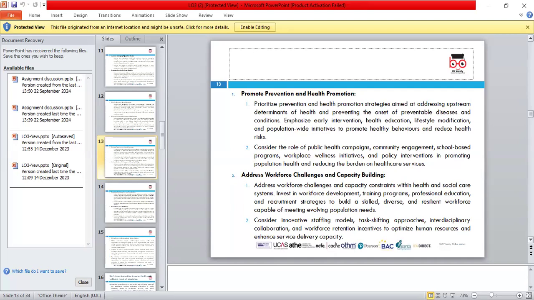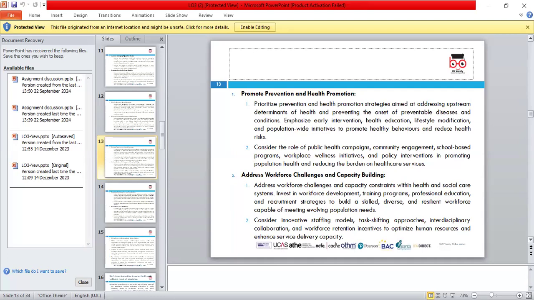Address workforce challenges and capacity. Where you are addressing the workforce challenges and capacity constraints within the health and social care systems, you then invest in workforce development. You want to make sure that for the issue you have identified, your stakeholders, who are your workers, are built up with certain knowledge so that they can help in addressing the issues.